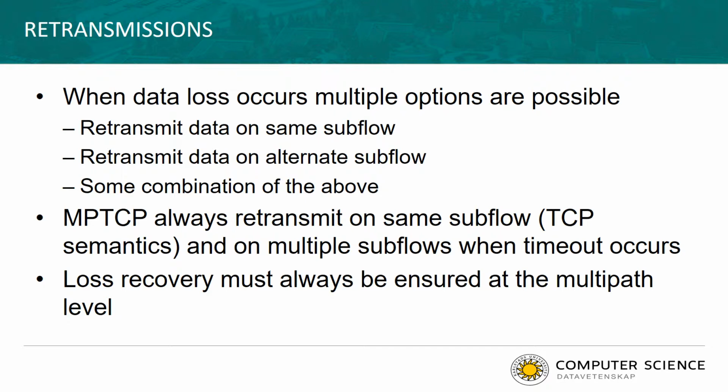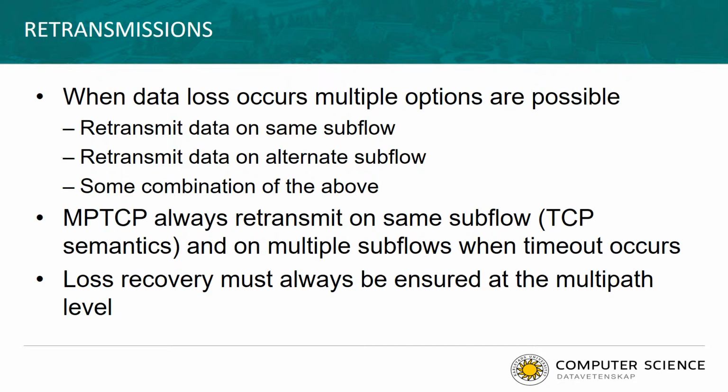And this, of course, is because the timeout is an indication that we have some severe problems on the path. On the other hand, if we recover and detect a packet loss through a fast retransmission, then we will only retransmit it on the TCP subflow, the original subflow.